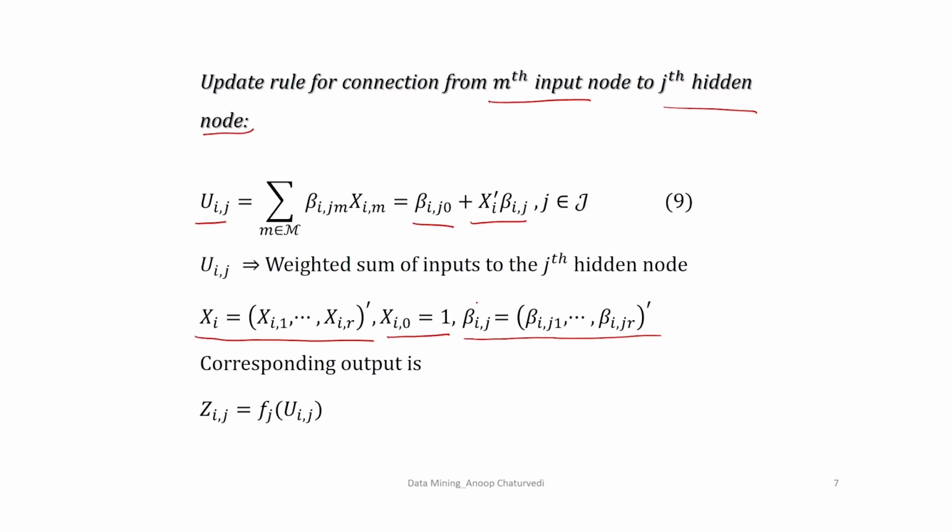So, this is the vector of coefficients or the vector of weights from the input node to the hidden node, and then the corresponding output is z_ij equal to f_j(u_ij). f_j is the activation function at the hidden node.